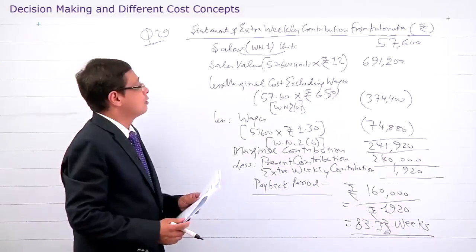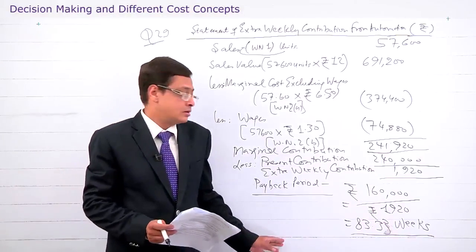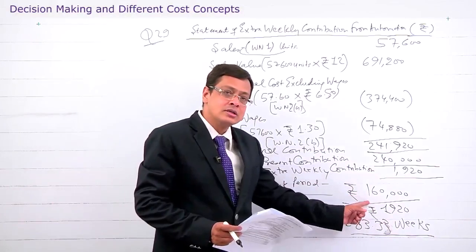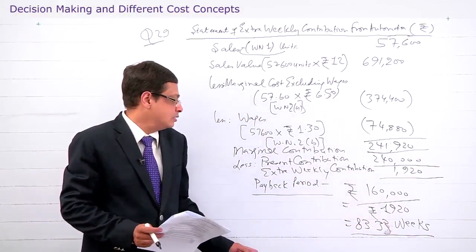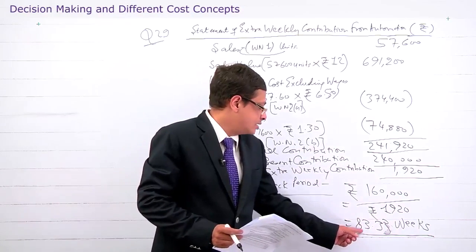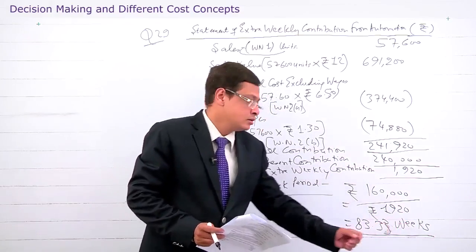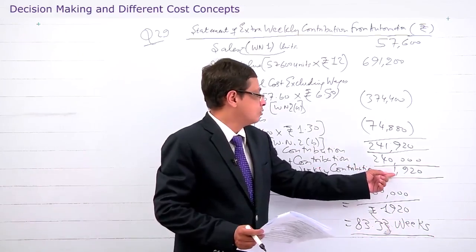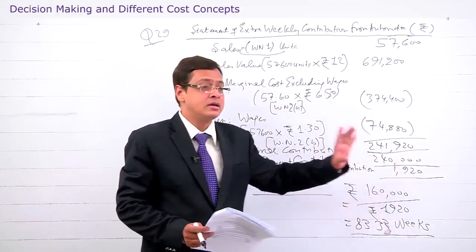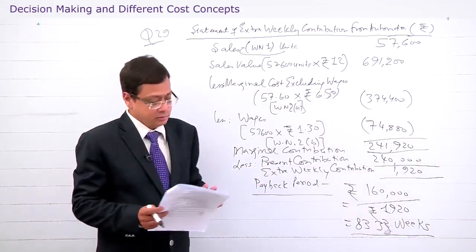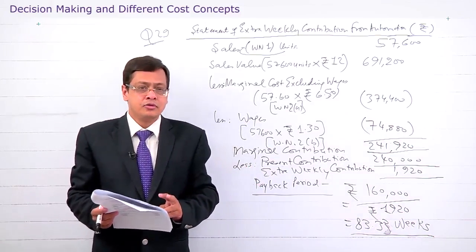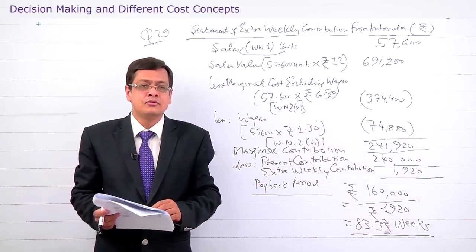This is the final result. If you want to get the amount of rupees 1,60,000 which you have given in automation, you will recover it in 83.33 weeks. The extra weekly contribution what you have got is rupees 1,920. So friend, this is very, very important, which has been asked few times in the last few examinations.